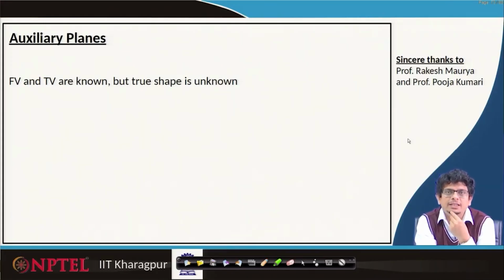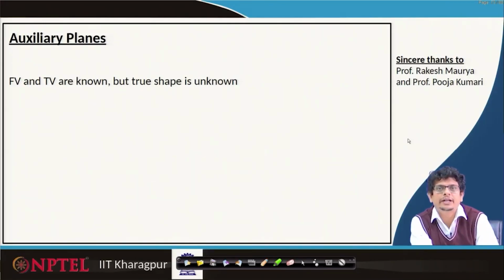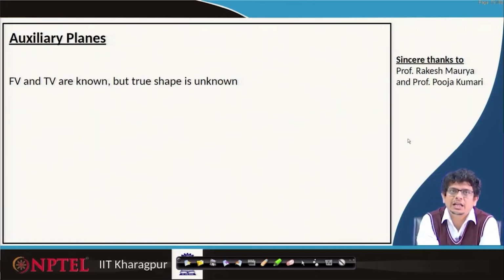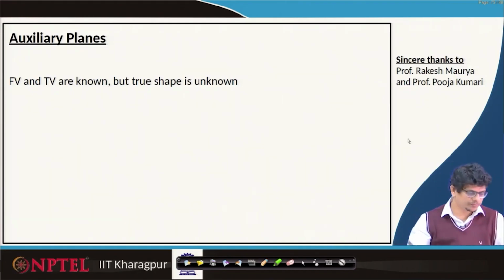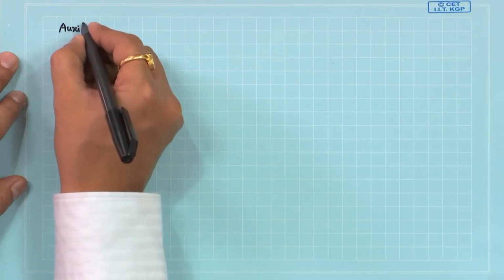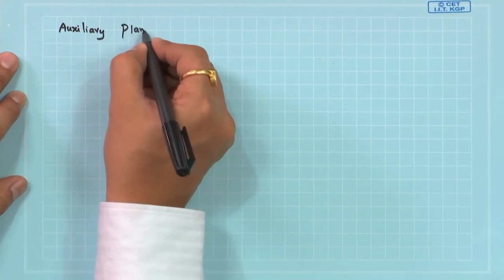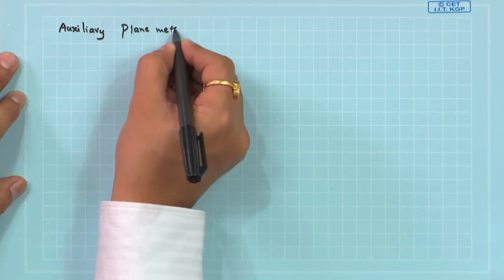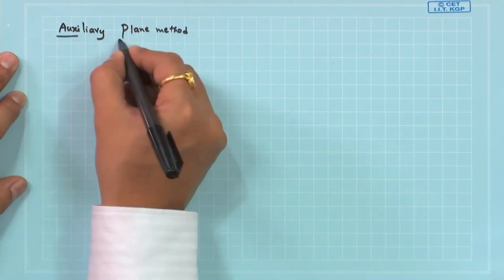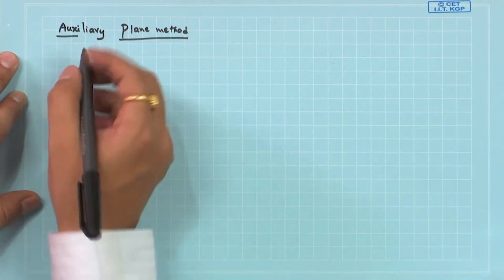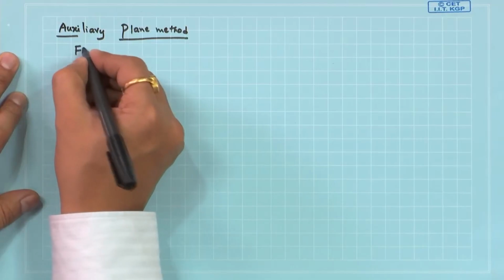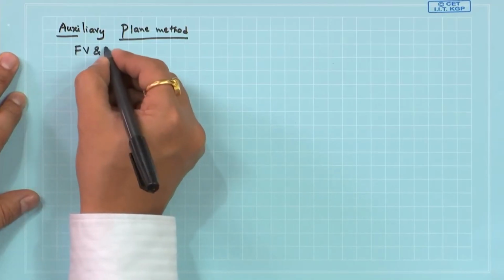We do not know whether it is a true pentagon or not. If that is the case, let us first learn about a new concept named auxiliary planes. The auxiliary plane method is a very powerful method for which we know the front view and top view.